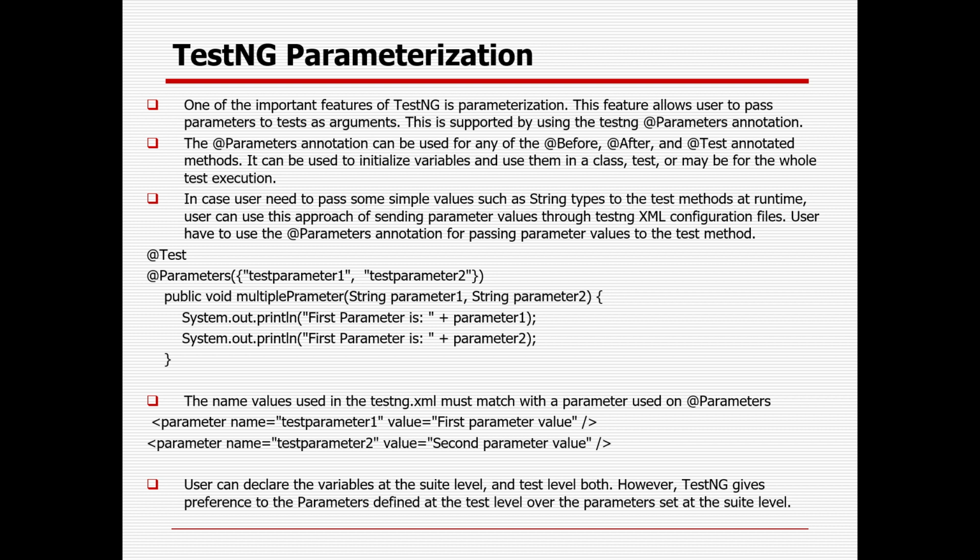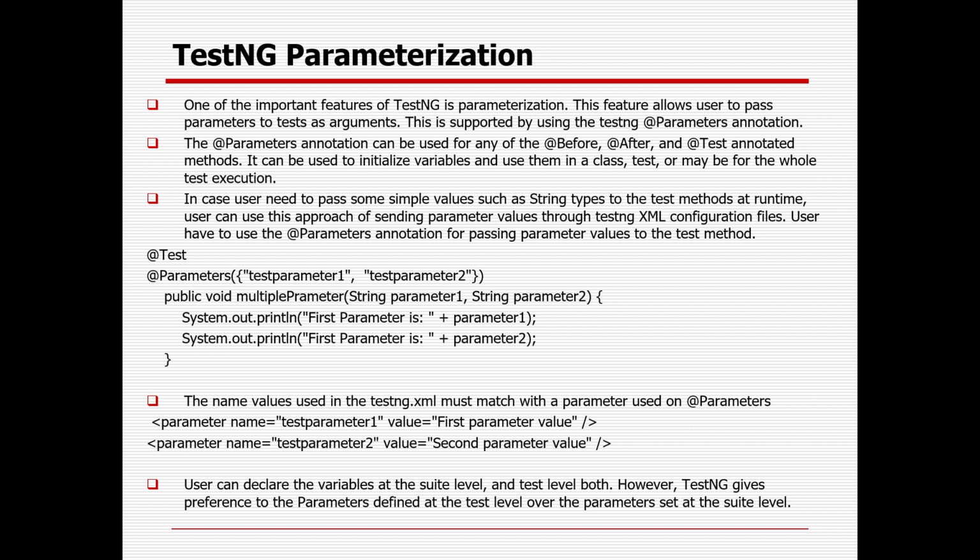But what is parameterization? Suppose you want to do some operations like addition, subtraction, multiplication, deletion, or greater than or equal to, less than or equal to, with the same two parameters, like two same variables A and B. Your objective is multiple combinations but with the same values or parameters. So you will be using parameterization. One of the important features of TestNG is parameterization.